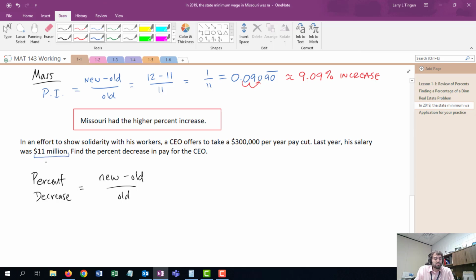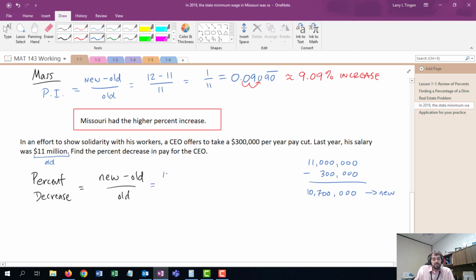The person was making $11 million, so that's the old. They're taking a $300,000 cut, so that means 11 million minus 300,000. I mean, I don't know how they're going to survive on $10,700,000, but I guess they'll find a way, right? So this is the new.